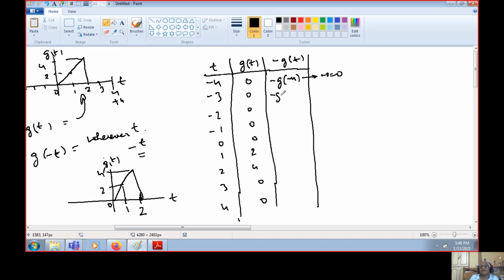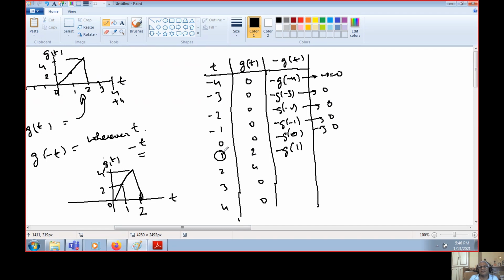Okay. Here it is minus g of minus 3. So this also is 0. Okay. This is minus g of minus 2. This is also 0. Minus g of minus 1. So this is also 0. Minus g of 0. So this is also 0. Now coming to this point, minus g of 1. What is g of 1?